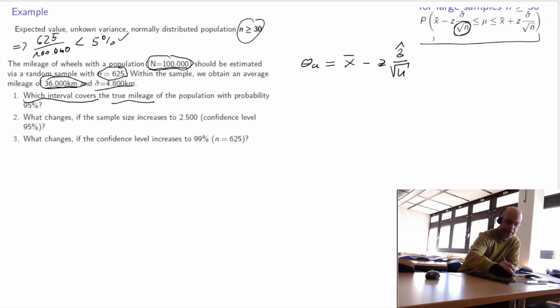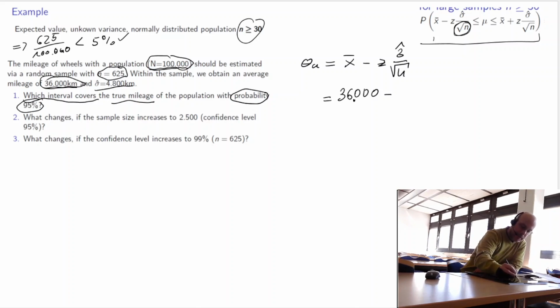X bar is, of course, 36,000. And z we need from the given confidence level of 95%: 1.96.